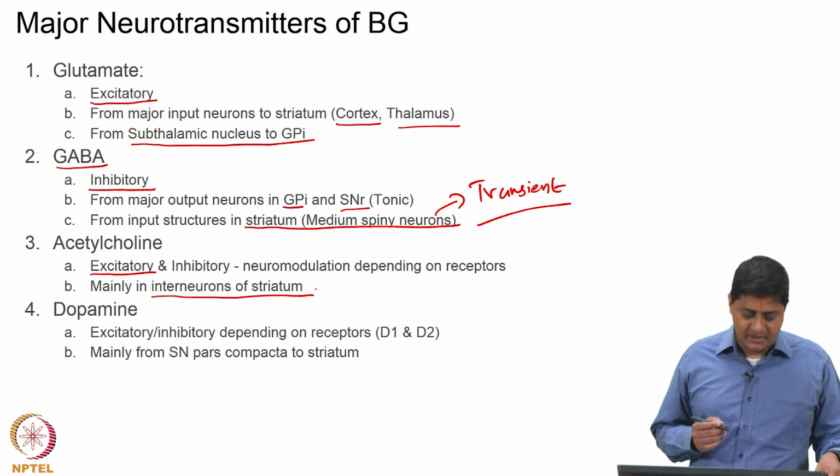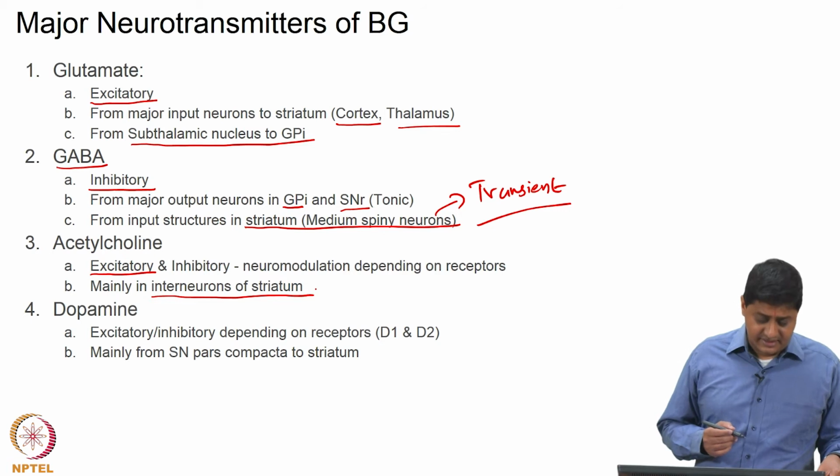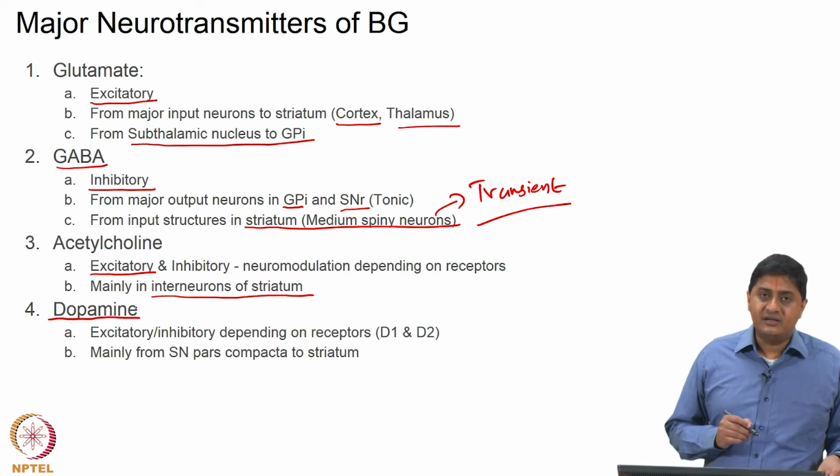And among the last but definitely not the least is dopamine. Dopamine is produced by substantia nigra pars compacta neurons. Neurons in the substantia nigra pars compacta produce dopamine and they innervate input structures, mainly putamen and caudate.